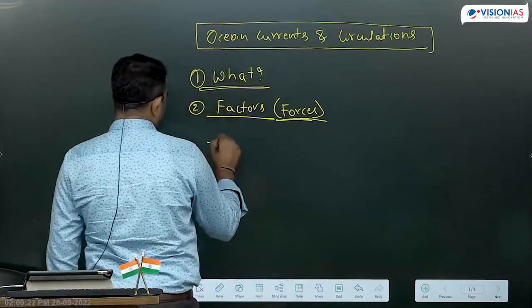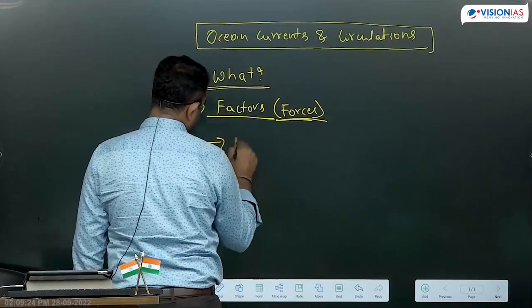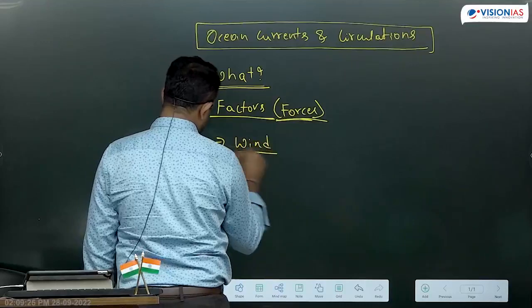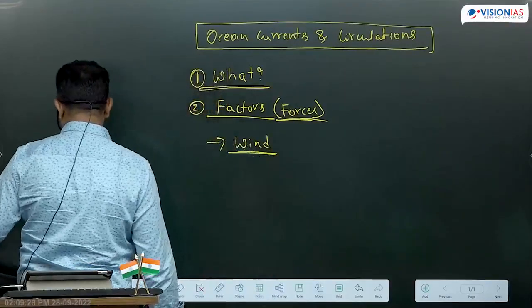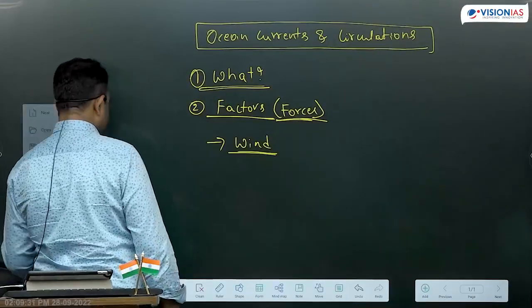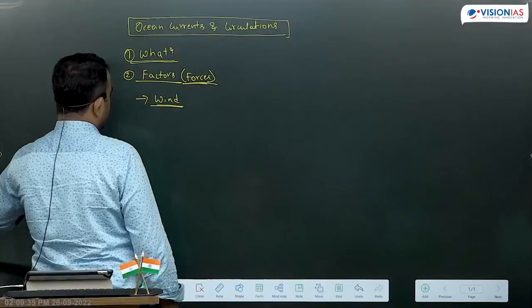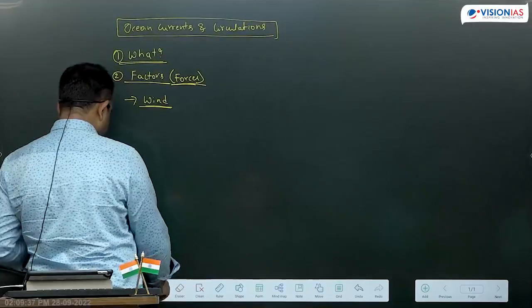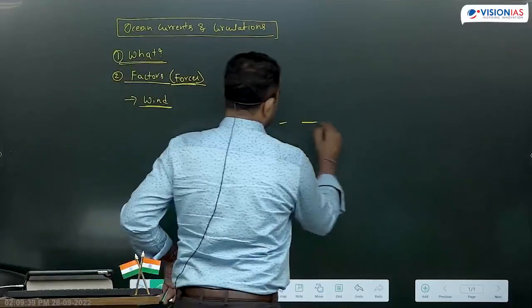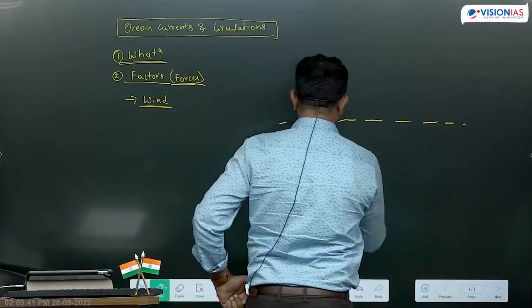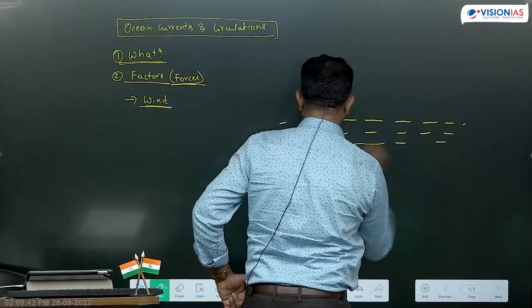The first most important force, the factor which is responsible for the ocean current, is wind. Wind is the most dominating factor which causes the movement of ocean currents. How? Okay, you take any still water. Let's assume that you're watching a lake or some pond.